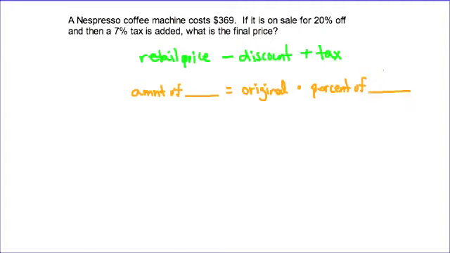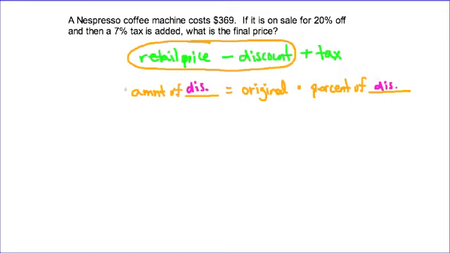In this case, the first thing I need to do is take the retail price and subtract a discount. So I'm going to be working with discount here to start. So I'm going to find the amount of the discount first.